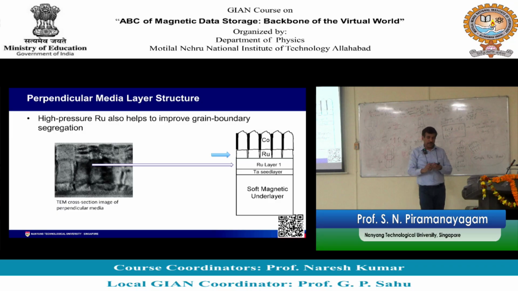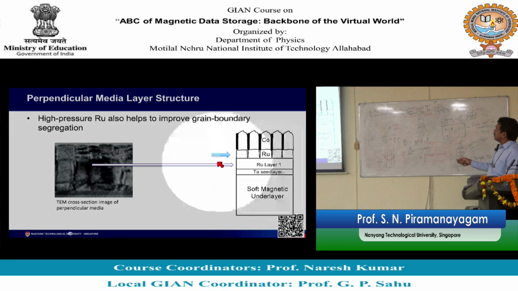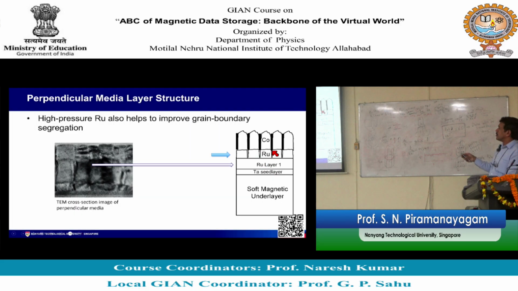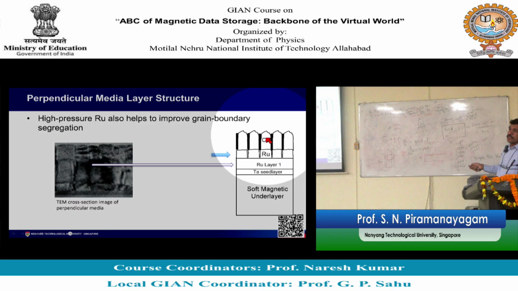In one word, we need one ruthenium layer for reducing DC noise, and the other layer for reducing the transition noise. So this is why we have two ruthenium layers.